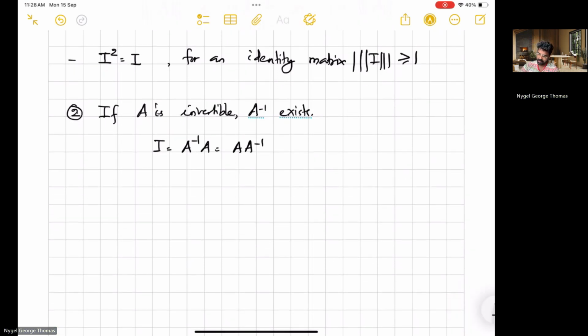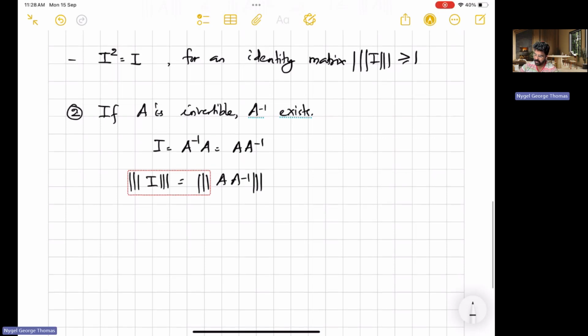The norm of I is equal to norm of A into A inverse. You can use submultiplicativity, which is less than or equal to norm of A into norm of A inverse.